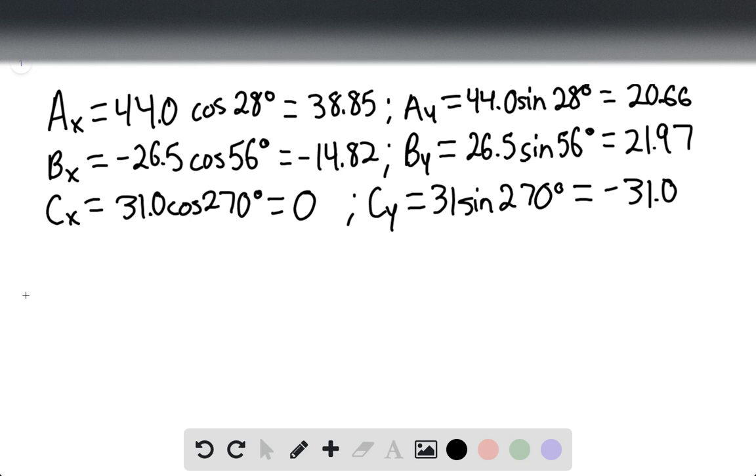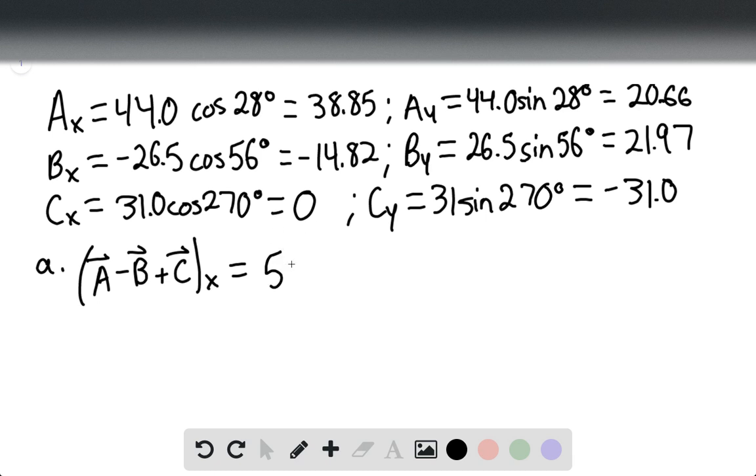So at this point, we can find part A. We need to find the x and y components. So if we have vector A minus vector B plus vector C in the x direction, this is going to be simply 38.85 minus negative 14.82, so it'll be 38.85 plus 14.82.